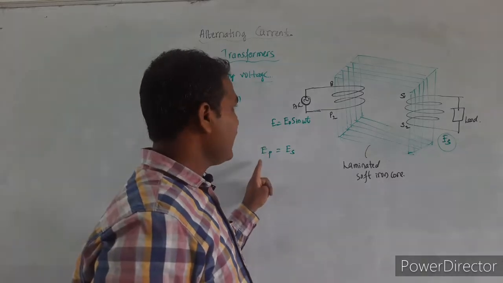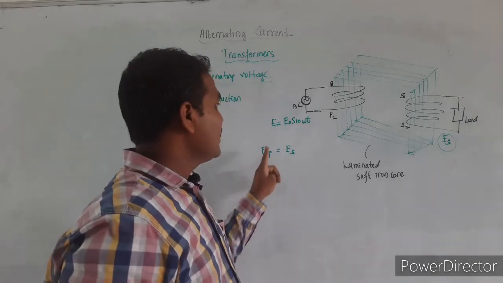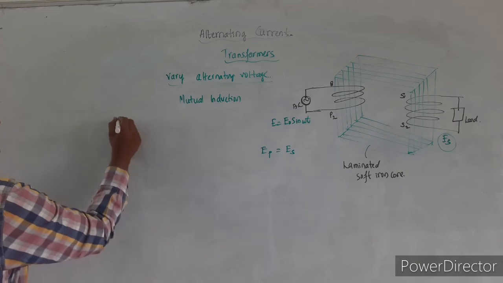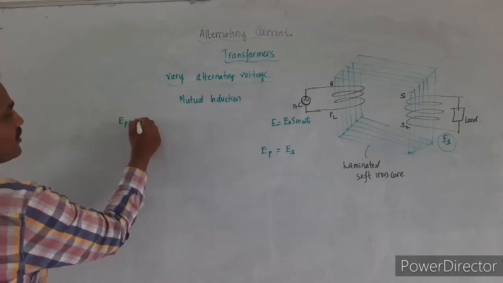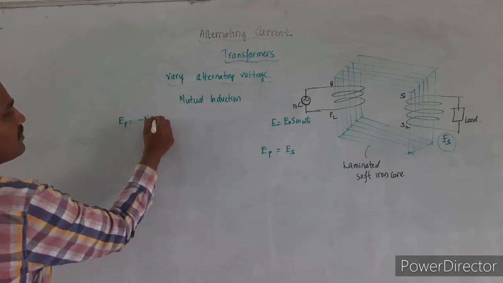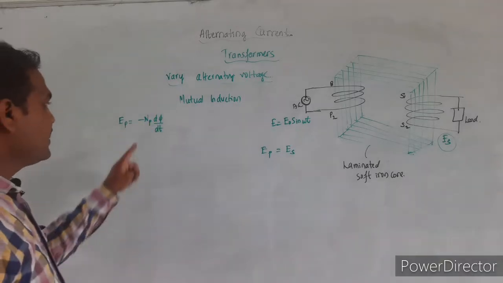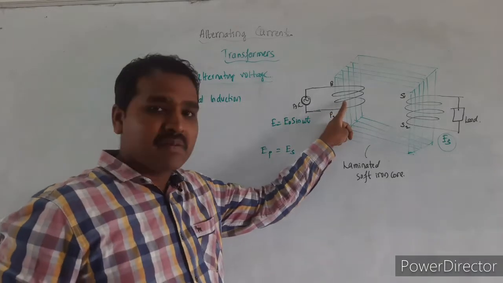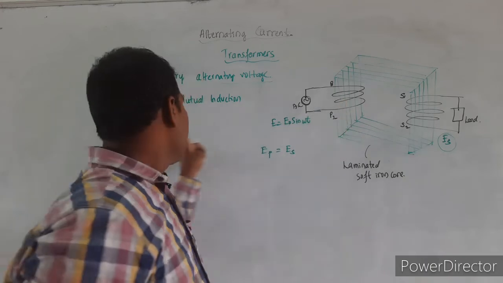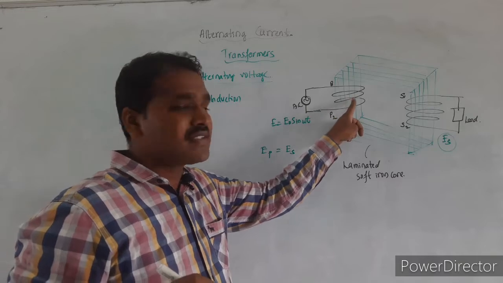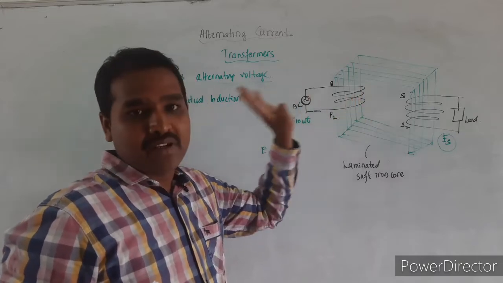By Faraday's law, the EMF induced in the primary coil is given by EP = -NP dφ/dt. Here NP is the number of turns in the primary coil and dφ/dt is the rate of change of magnetic flux linked with the primary coil.